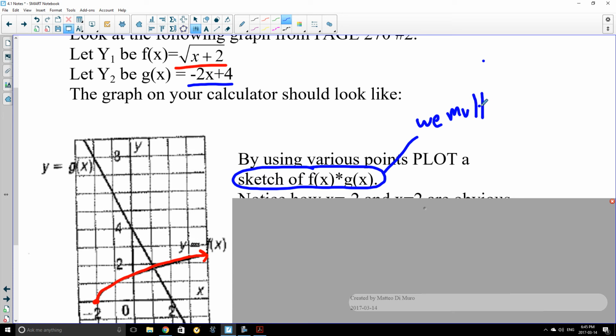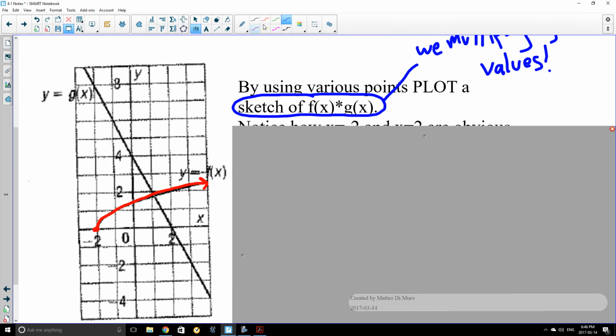So here, starting on the left-hand side, we have an x-intercept here. We're multiplying the y values. So the y value here on the square root function is 0. It doesn't really matter what the y value is on the line. It's 8. 0 times 8 is 0. So that's the starting point of our graph there.